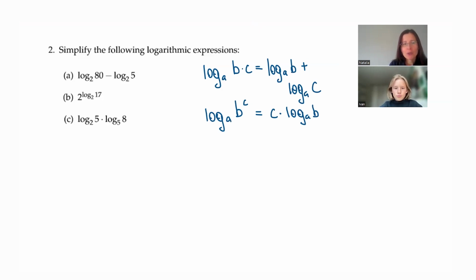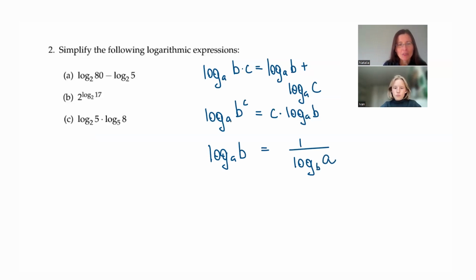If I want to switch the base and the argument, I need to take the reciprocal. So if I have log base A of B, but I want B to be my base, I will need to take a reciprocal and I will write log now base B of A.